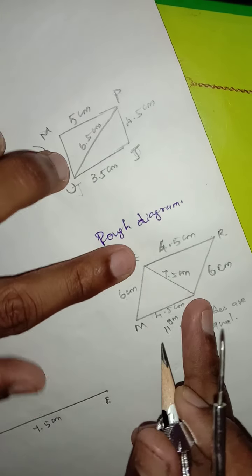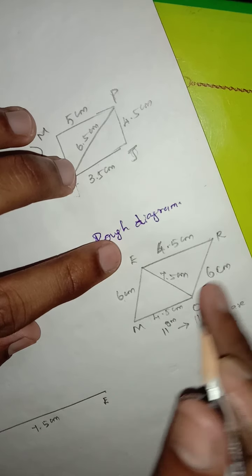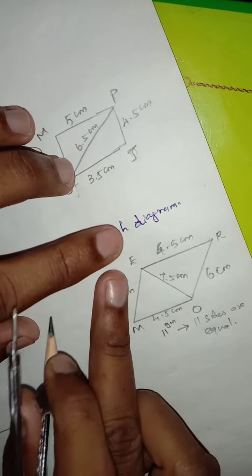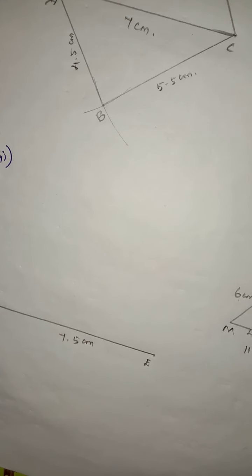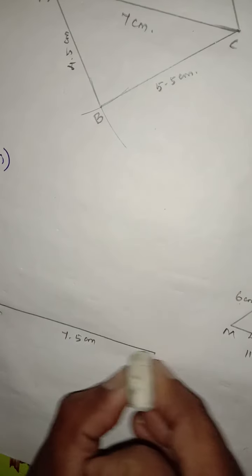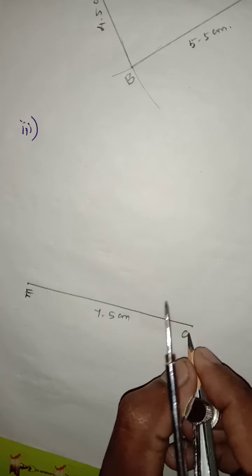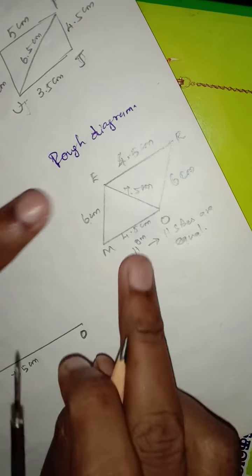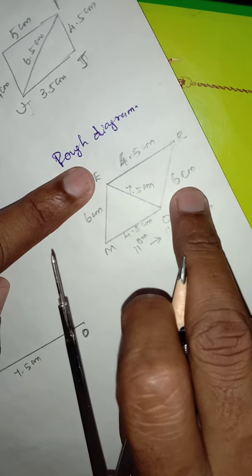Now we draw this diagram on OE. From O we want to draw a 6 centimeter arc. From E we want to draw a 4.5 centimeter arc. If you have confusion, let me change this name alone. OE, EO both are the same anyway. So keeping the compass on O, we want to draw an arc of 6 centimeter.